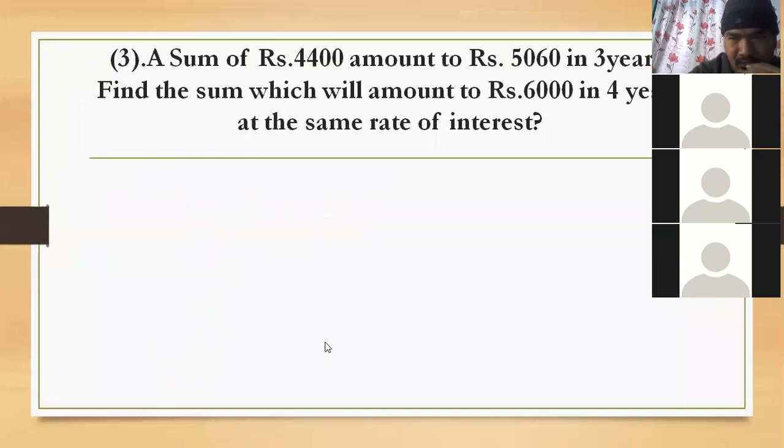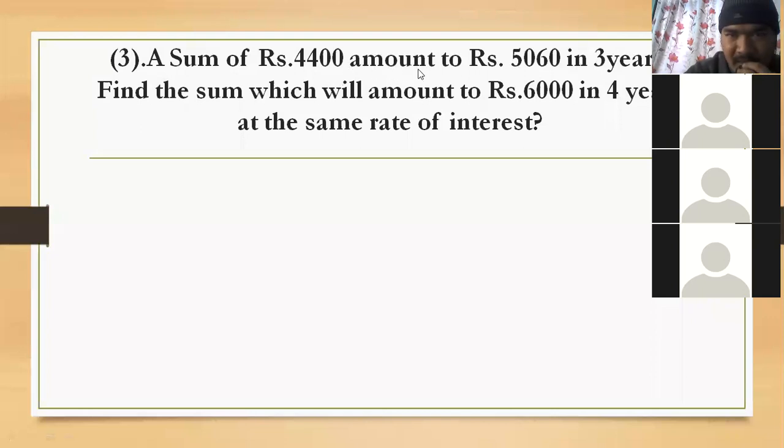Now look at the next question. A sum of rupees 4,400 amounts to rupees 5,060 in 3 years. Find the sum which will amount to rupees 6,000 in 4 years at the same rate of interest. There are two parts to the question. In the first part, the principal, amount and time are given.